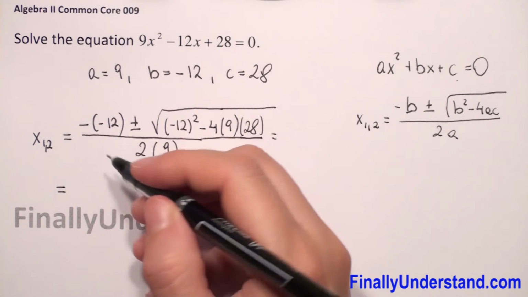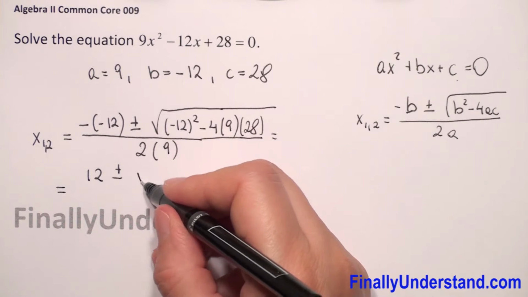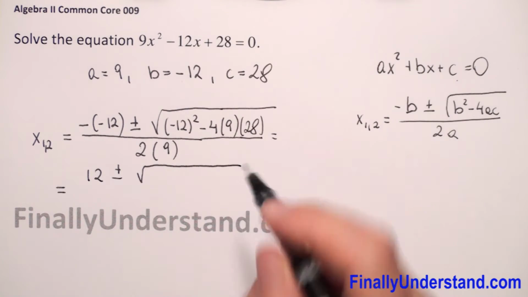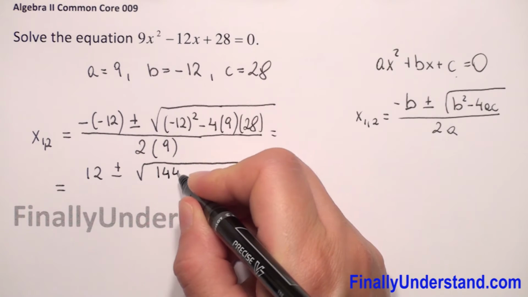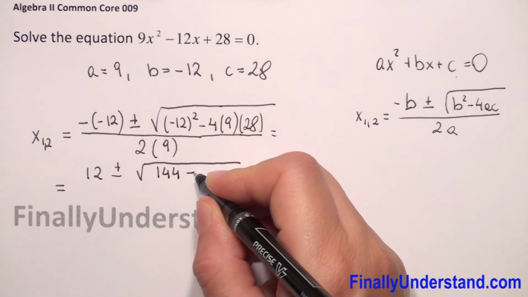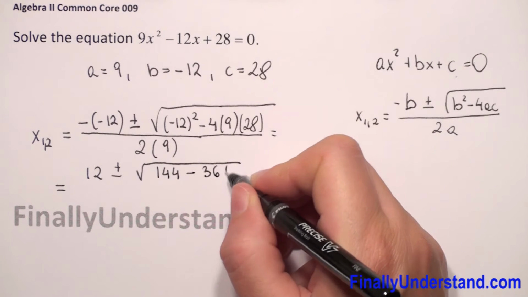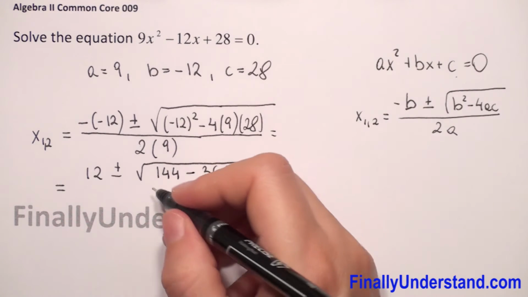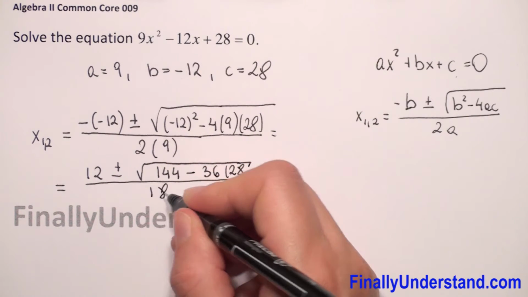We have negative and negative, so it will be positive 12 plus minus, and now under the square root, negative 12 to the second power is 144, and we have a negative sign. 4 times 9 is 36, times 28, over 2 times 9, which is 18.